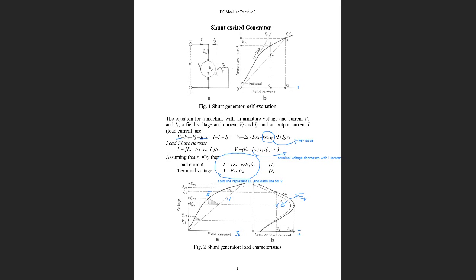Generally, we make the machine work in these areas. When the current is larger than this point, the machine is stopped. That's the meaning of it.